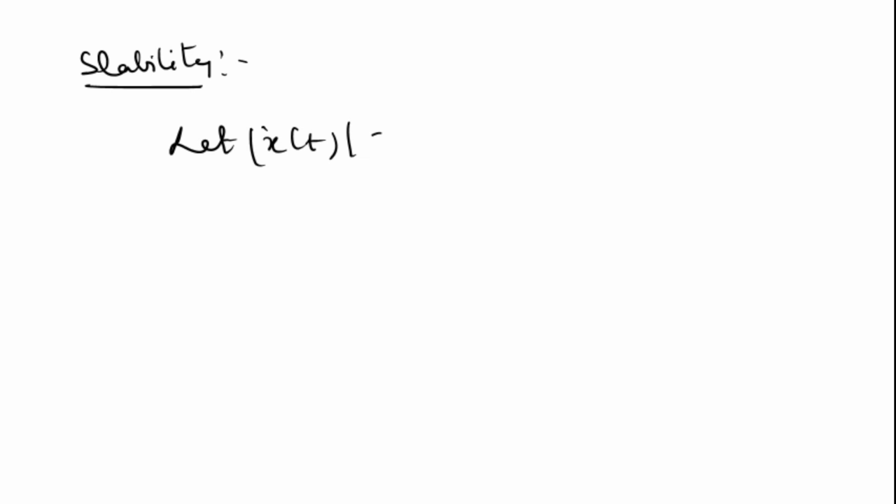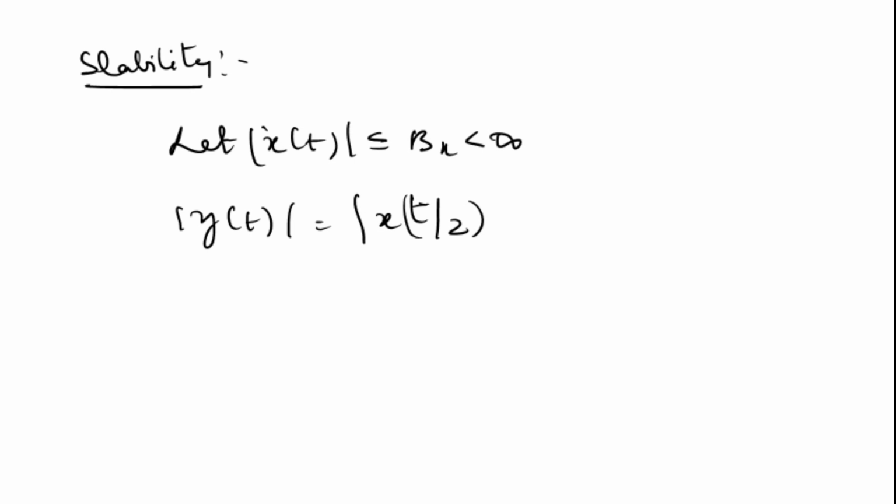Next, we have to check it for stability. Let mod of x of t be less than or equal to bx less than infinity, bounded input, bounded output. Then mod of y of t is equal to mod of x of t by 2, less than or equal to bx less than infinity.